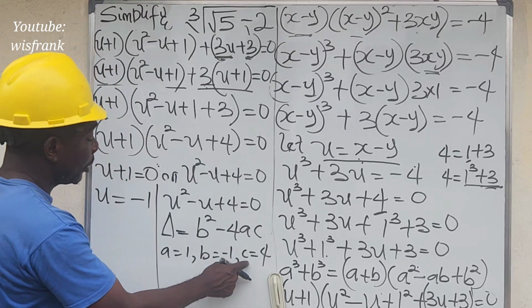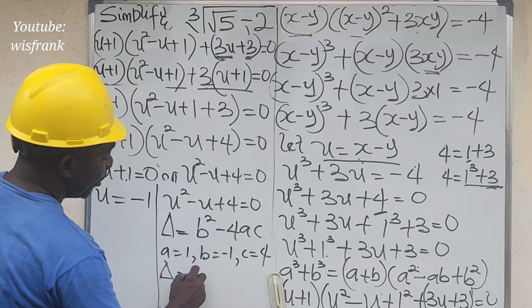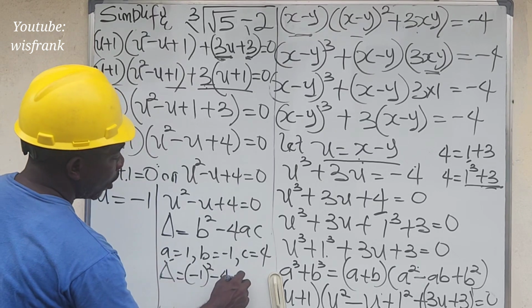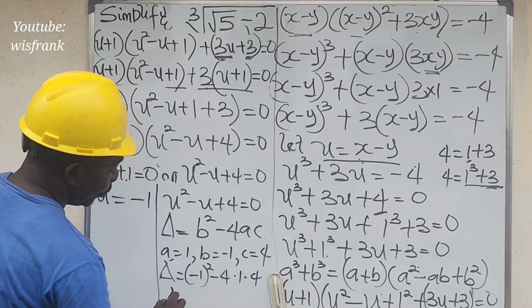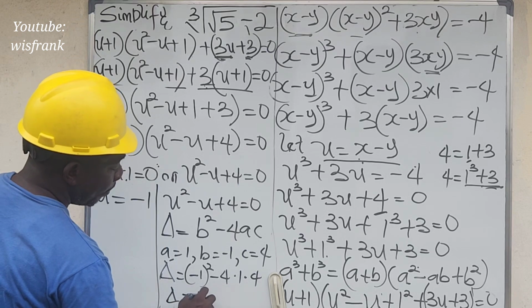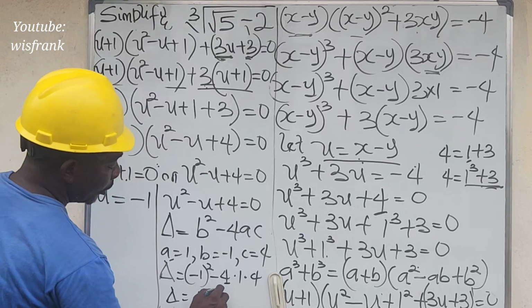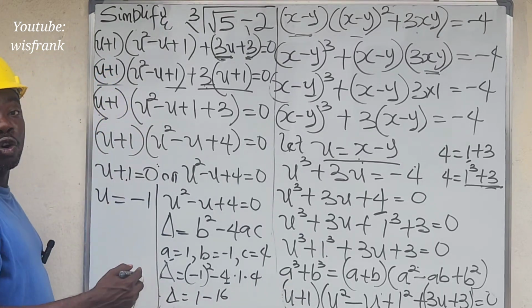So substituting these parameters, the discriminant equals minus 1 all to the power of 2 minus 4 times a, which is 1, times c, which is 4. So we have minus 1 to the power of 2 equals to 1 minus 4 times 1 times 4, which becomes minus 16. So the value of this discriminant has no real root.